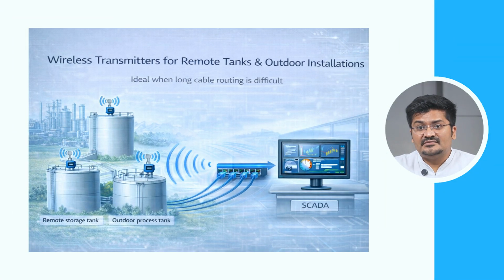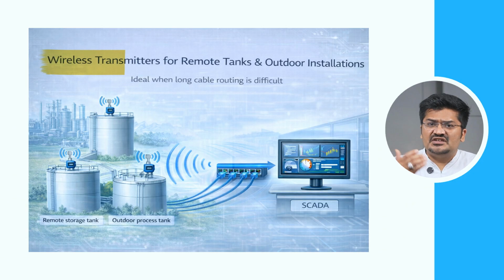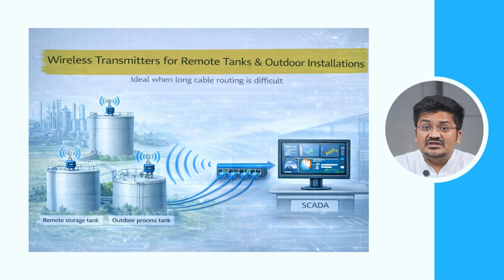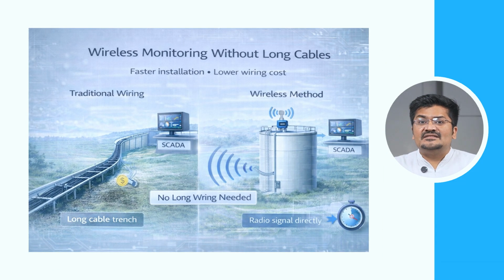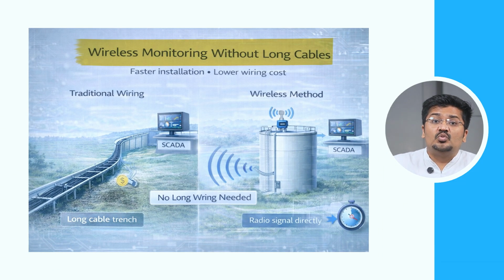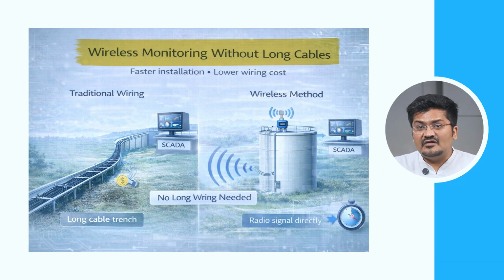In some applications, running cables is very difficult. For example, remote tanks, outdoor installations, very large plants. In such cases, wireless transmitters are used. Wireless transmitters send data through radio signals. This allows engineers to monitor instruments without long wiring.